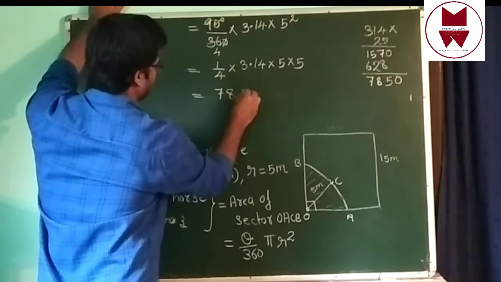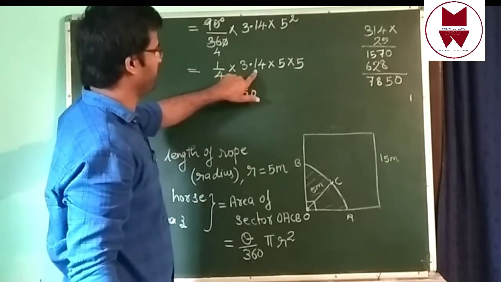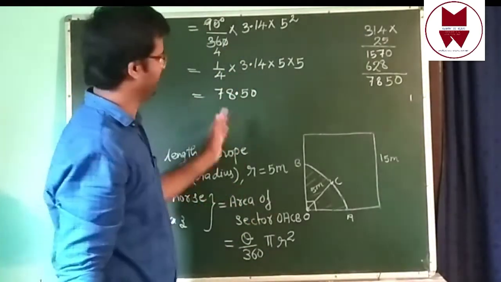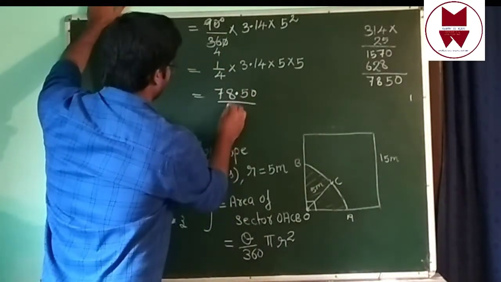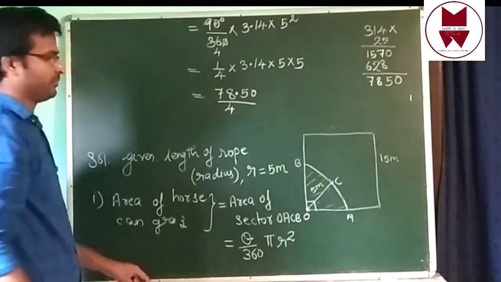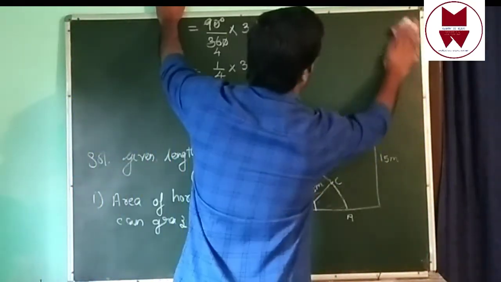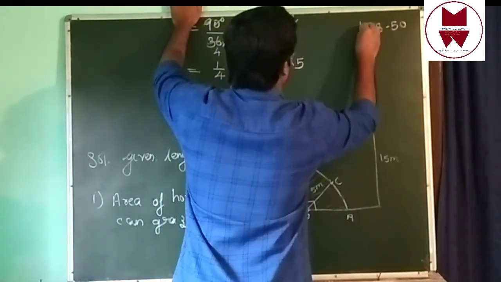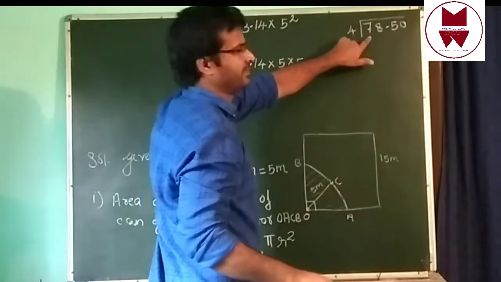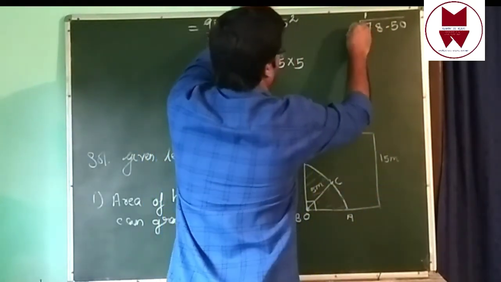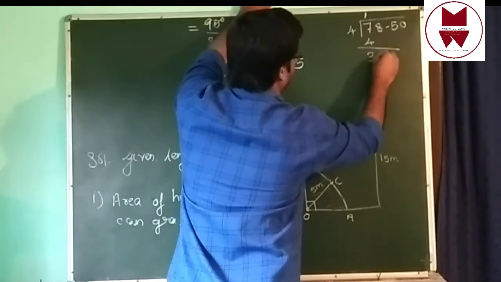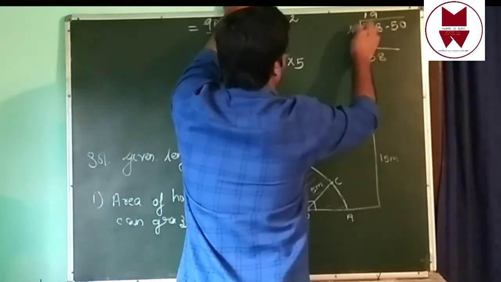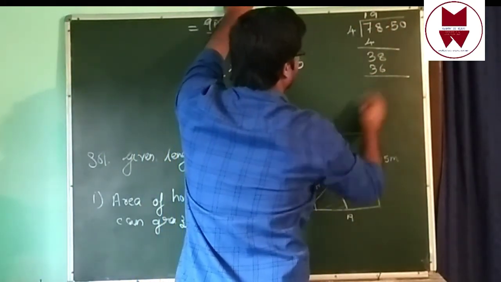We get 78.50. Then check in the question: after the point there are 2 numbers, 1 and 4. That's why in the answer also we have to put 2 numbers after the point, and we have to divide by 4 also. 78.50 divided by 4. In 7, 4 one time, 1 into 4 is 4, then 3, 8. In 38, how many times? 9 times. 9 into 4 is 36, then 2.